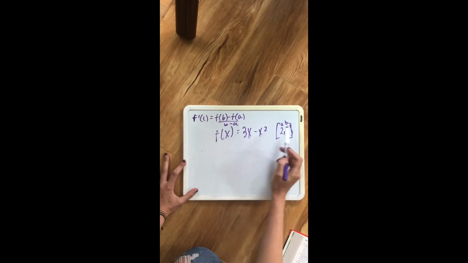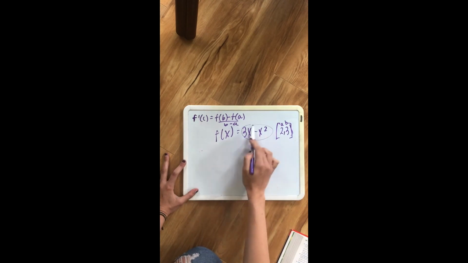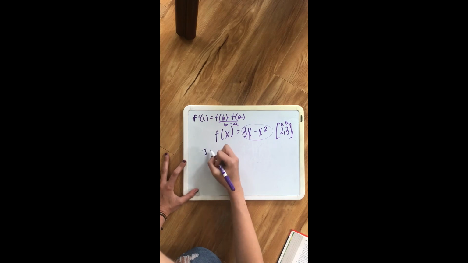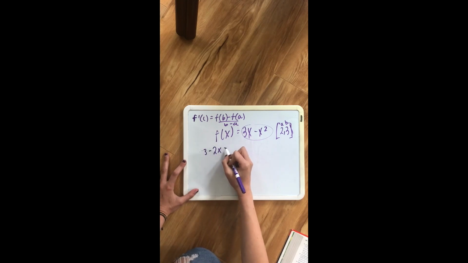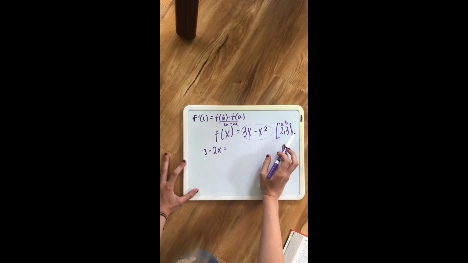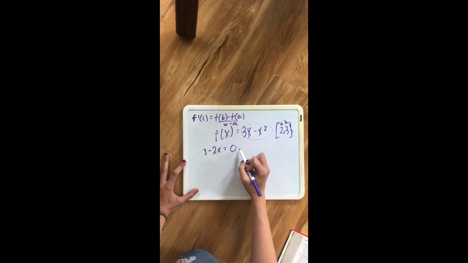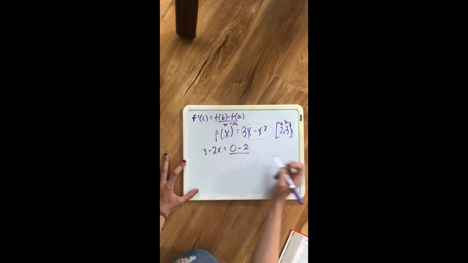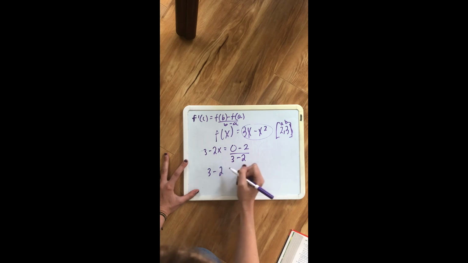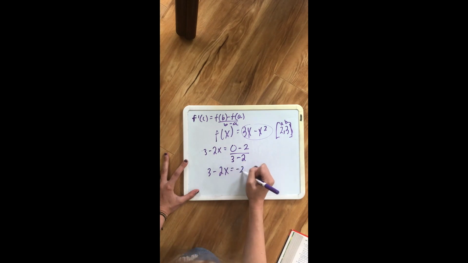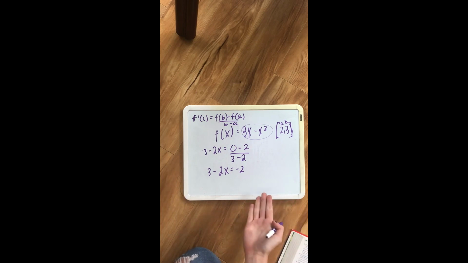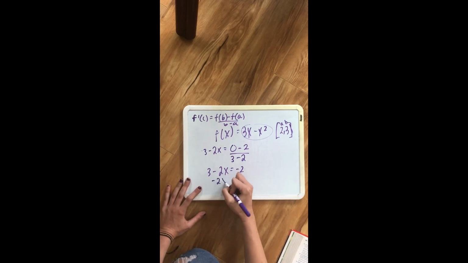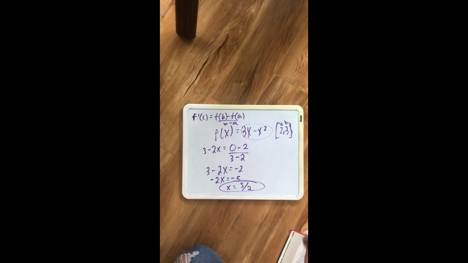So, you'd find the derivative of this first. So, 3 minus 2x. You set it equal to f of b minus f of a over b minus a. So, f of b would end up being 0. f of a would end up being 2. Then you end up getting 3 minus 2x equals negative 2. Then, it's simple algebra. Negative 2x equals negative 5. x equals 5 over 2. And that's the mean value theorem.